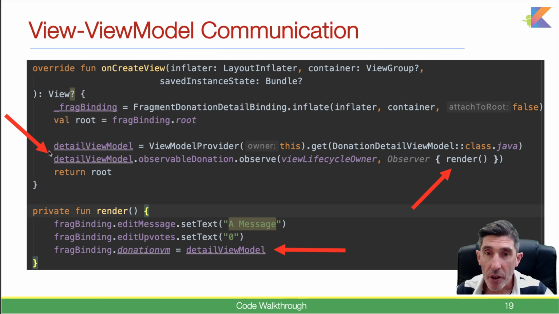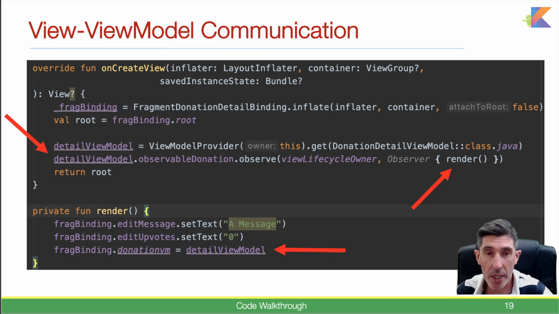So whenever there are any changes inside our detail view model, because we are observing the live data, the observable donation, which is an individual donation element, when that changes, we simply trigger this call here, which in turn uses our data binding to assign that now up-to-date synchronized detail view model to the donation VM that we're referring to in the layout.